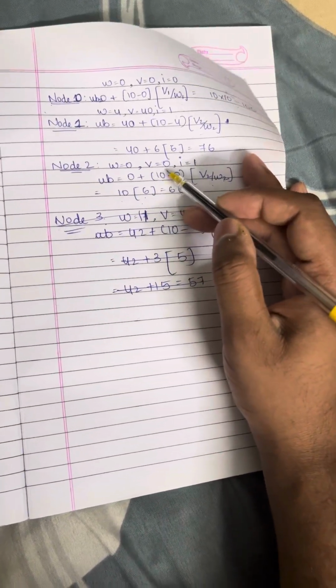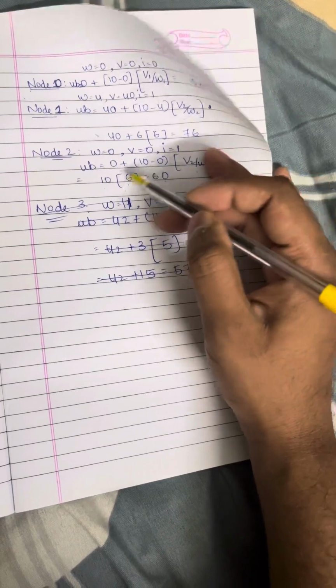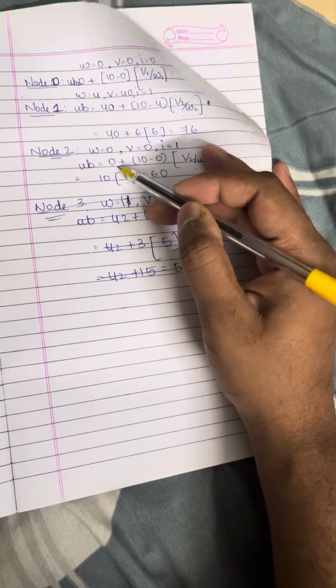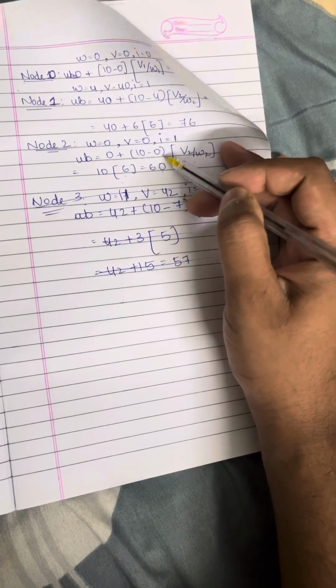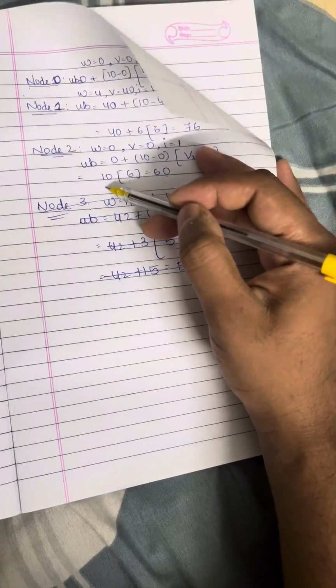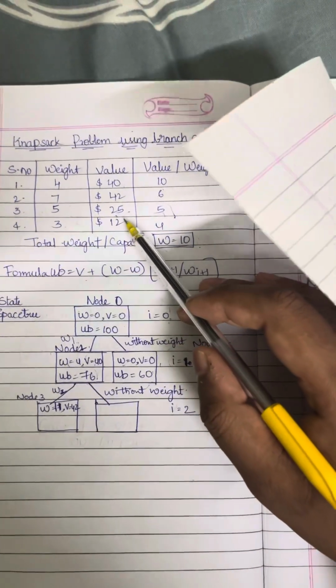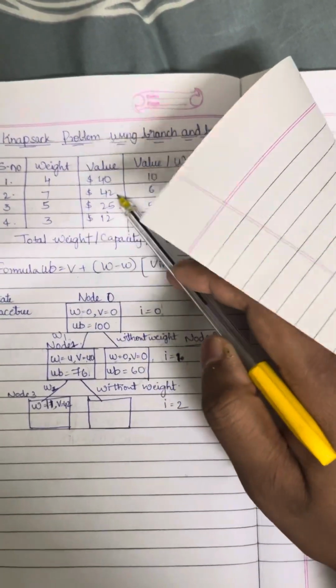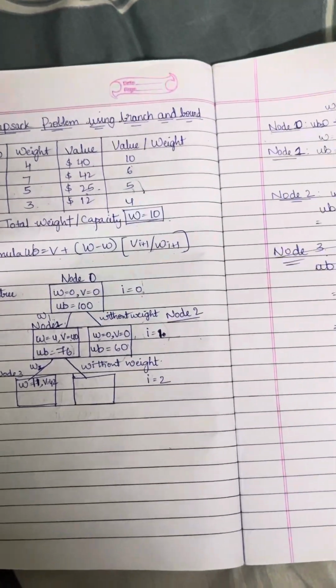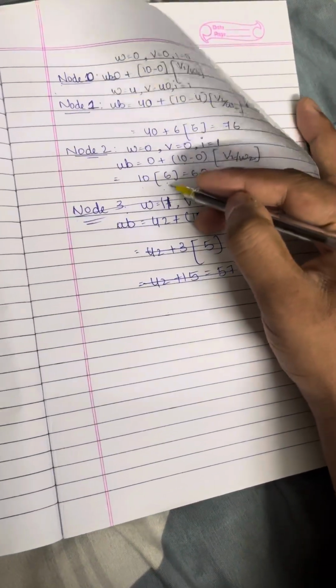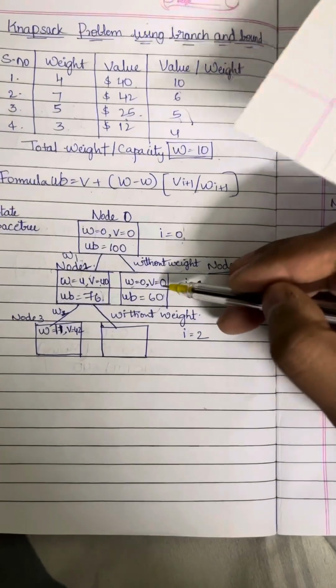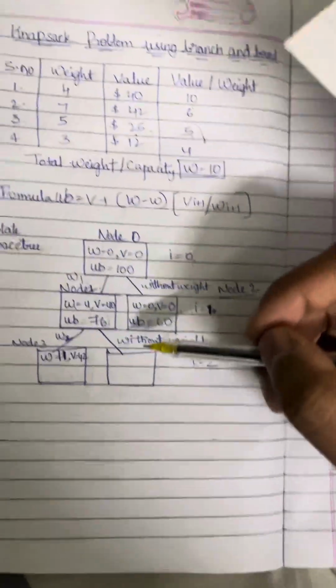Weight is equal to 0, value is equal to 0, I value is 1. Upper bound value is equal to value plus W minus w into V2 by W2: 10 into value 2 by W2, 42 upon 7, which is 6. 10 times 6 is 60. Node 2 value is 60.